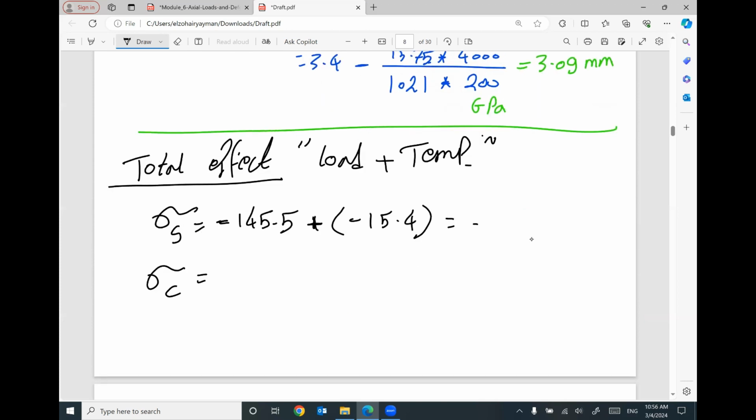So the final stress in steel will be negative 160.9 megapascal.